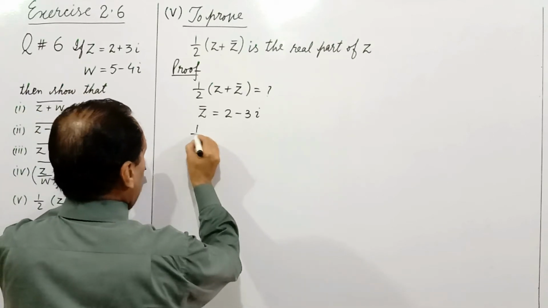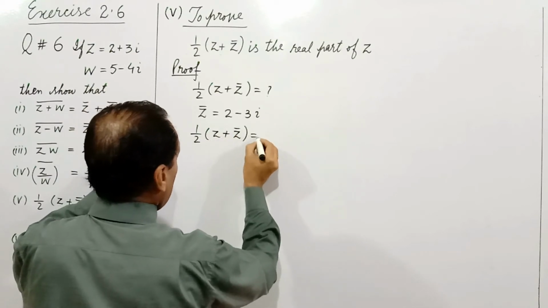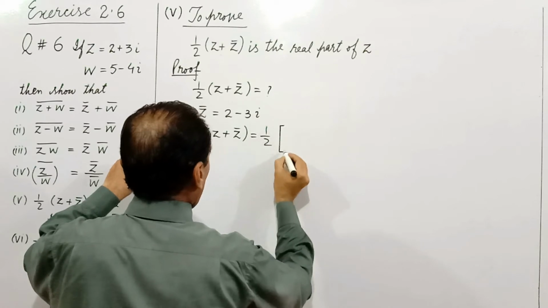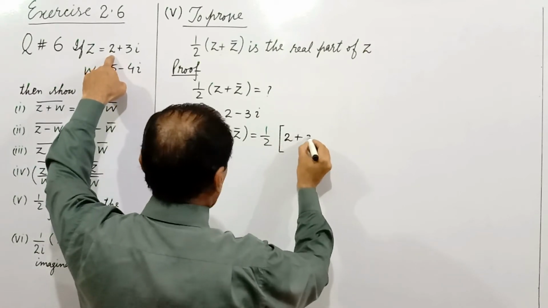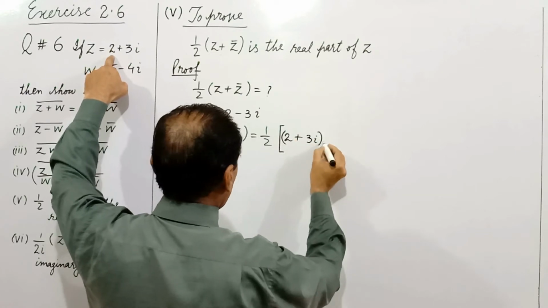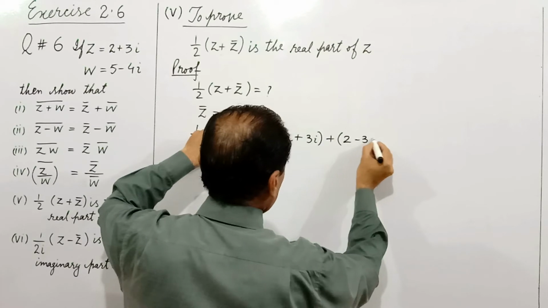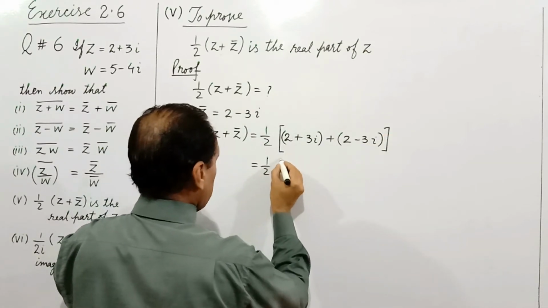Now we put the values for 1 over 2 into Z plus Z bar. 1 over 2 into the value of Z is 2 plus 3 iota plus the value of Z bar is 2 minus 3 iota. Now we open the brackets.